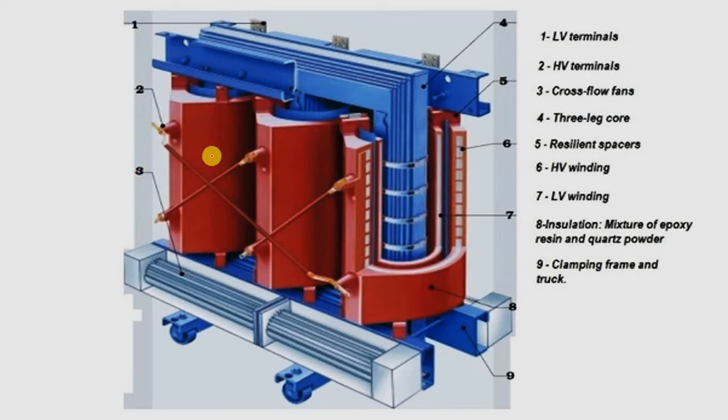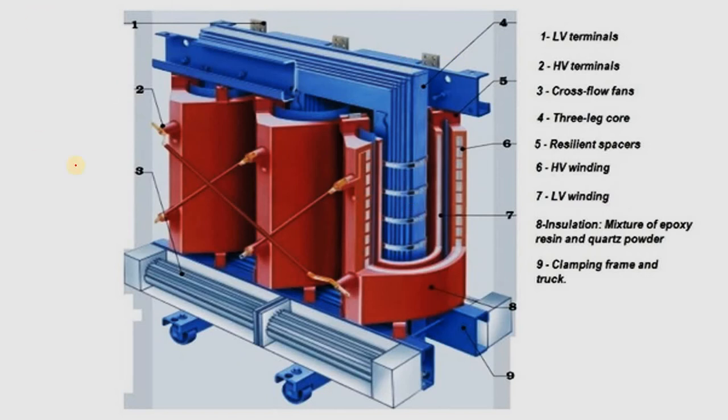You can see that these HV terminals have a small cross sectional area conductor, whereas the LV terminals have a large conductor cross sectional area, because the current in this coil is very high and in this coil the current is less. So the connector has a huge size in comparison with these connectors.